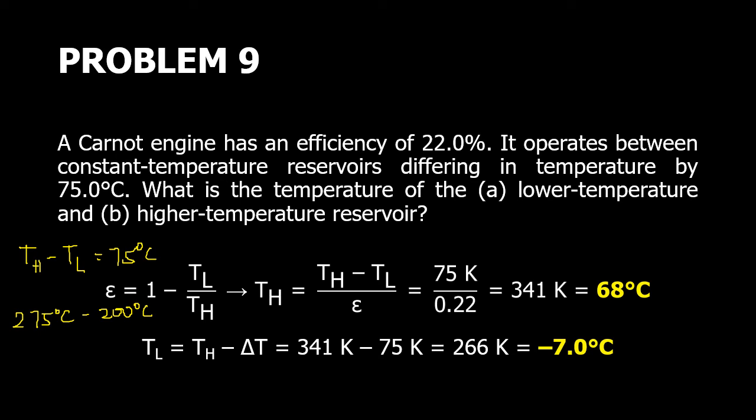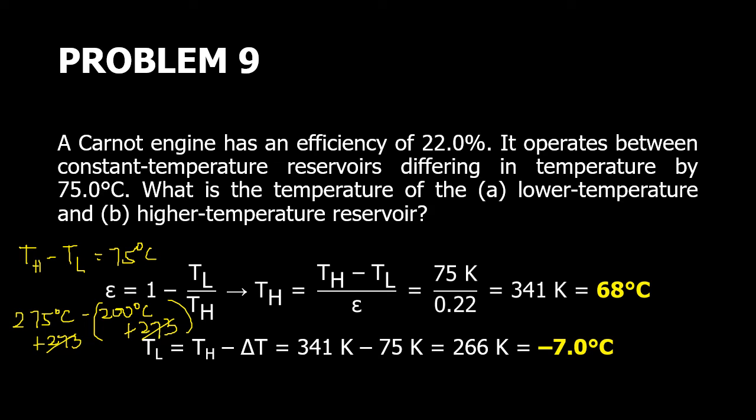If you convert this into Kelvin, you add 273. And if you subtract, that 273 will cancel, and 275 minus 200 is still 75 Kelvin.